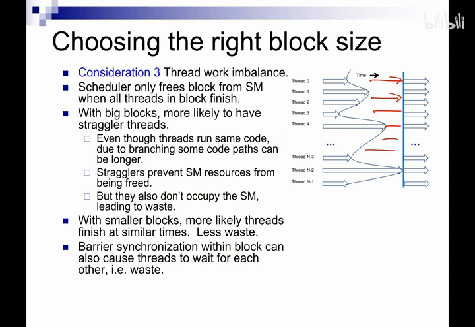Now, if you have a very large thread block, then again you might have a large variation in the runtime of different threads. So you could have a bunch of threads just waiting at this barrier for the other threads to reach it. That's more wasted cycles. So you might want to reduce block size to reduce wasted cycles.